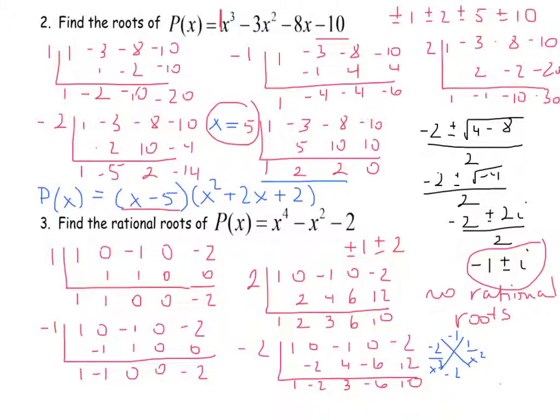So the factored form of the polynomial will be p of x equals x squared minus 2 times x squared plus 1.